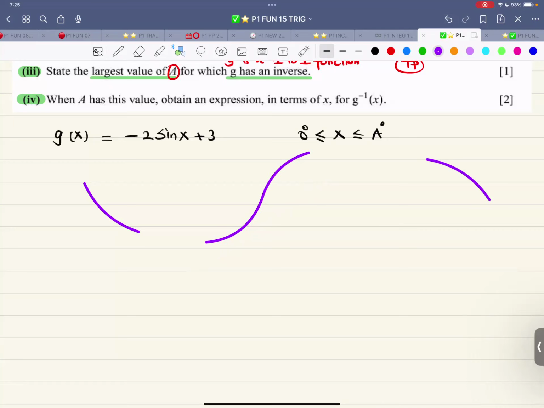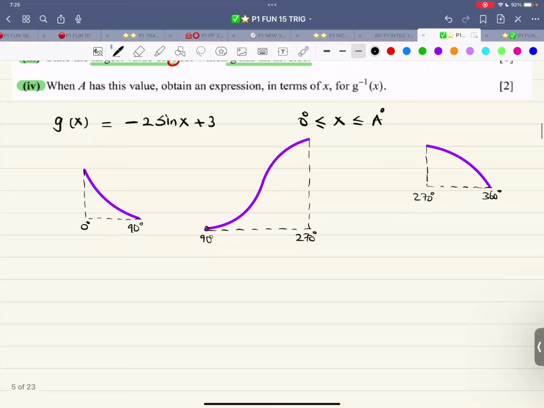Just to illustrate that idea, from 0 degrees to 90 degrees. So this is 0 degrees, this is 90 degrees, this is 90 degrees, and this one is 270 degrees, just to give you that idea. And now this is 270 degrees, and this is 360 degrees. So these are the different portions in which I would pass the horizontal line test.